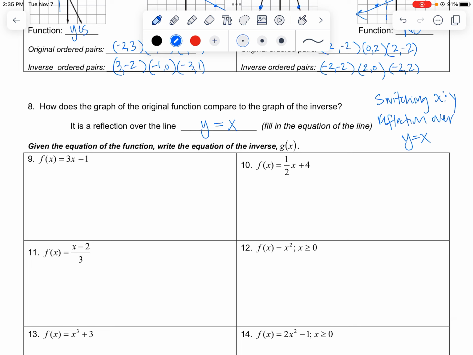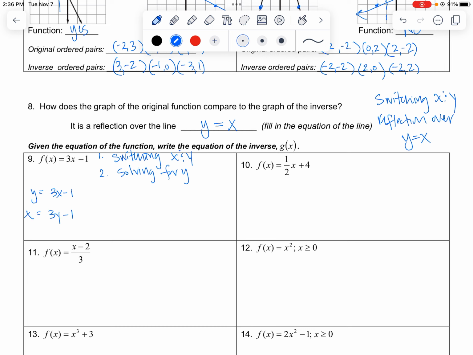Okay, so now I'm going to give the equation of the function and write the equation of the inverse. I do that by switching the x and y values first, and then solving for y. So our original is y equals 3x minus 1. I'm going to switch x and y and make it say x equals 3y minus 1.